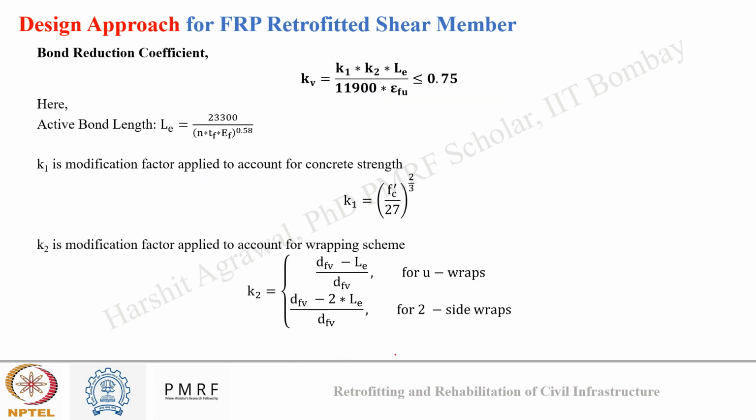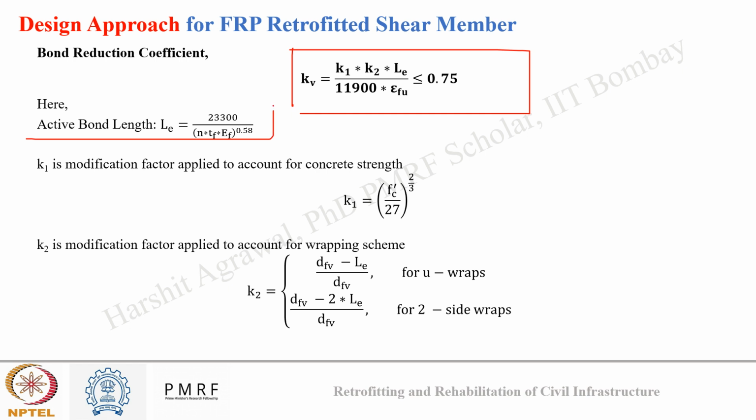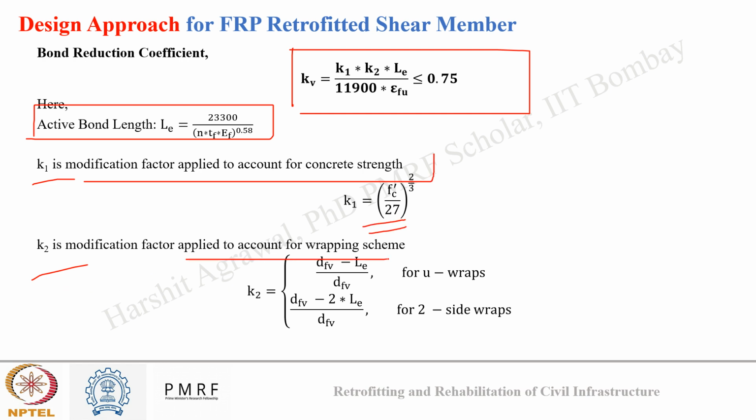Now, for determining the bond reduction factor, the code has again given us this equation, which is K1 times K2 times LE upon 11,900 times epsilon FU. LE is my active bond length, which is given by this equation, and K1 and K2 are modification factors. K1 takes into account the compressive strength, and K2 takes into account the wrapping scheme.